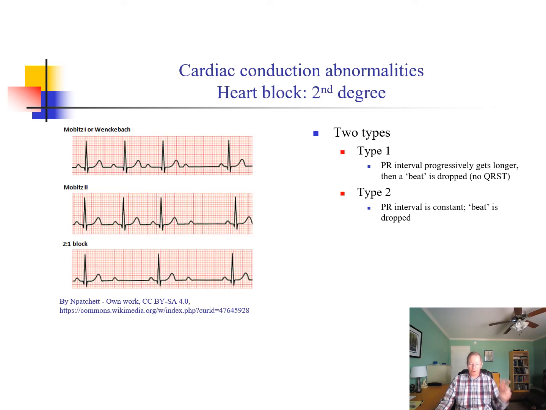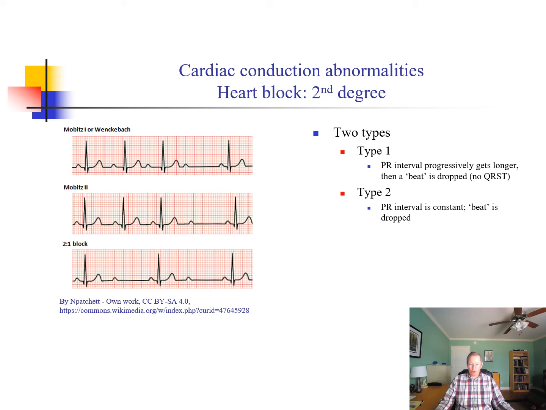Second degree comes in two types, and it's important to distinguish between these because they have very different clinical outcomes. The first type is type 1, or Mobitz type 1, shows the PR interval getting bigger. So here's PR, it's a little bit longer, and then I get a P wave, but I drop the QRST. This is a Mobitz type 1. Sometimes it's called Wenckebach.